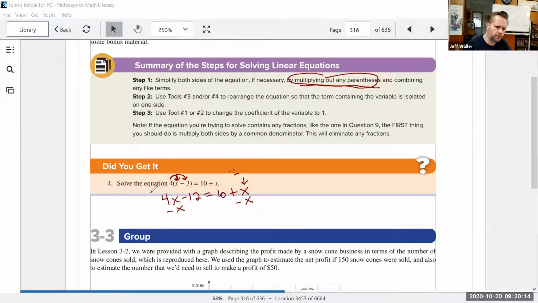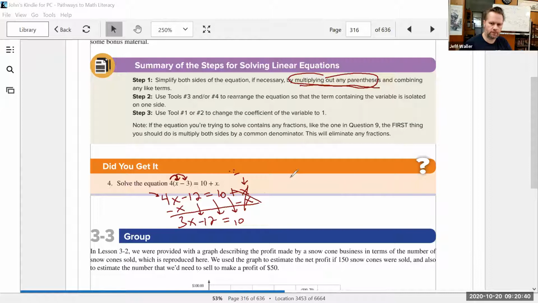Now you could also subtract the 4X instead, but see how that's going to make a negative? I have the choice. If I don't want negatives to show up, I don't need to make them show up. So I try to keep my variable stuff positive. So now if I do this, I get 3X. The minus 12 is still here. There's the equal sign. And the 10 is still here. And then these X's killed each other.